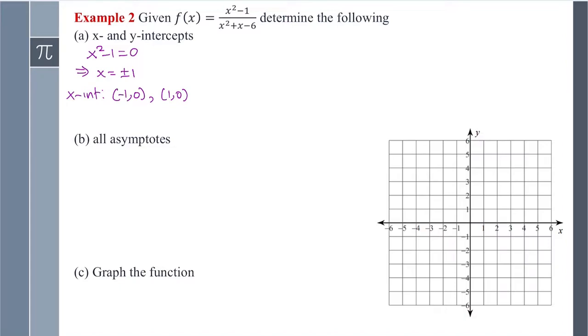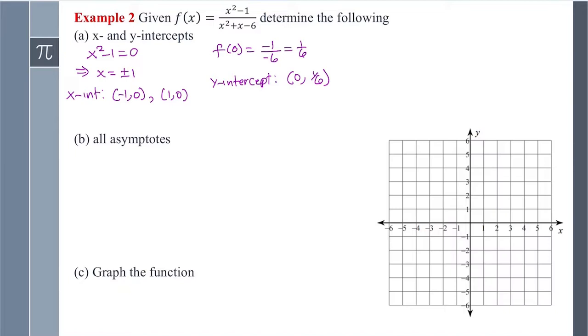Now for the y-intercept, we put x equals 0, so we find f of 0. We get negative 1 divided by negative 6, which is 1/6. So the y-intercept for this function is 0, 1/6.